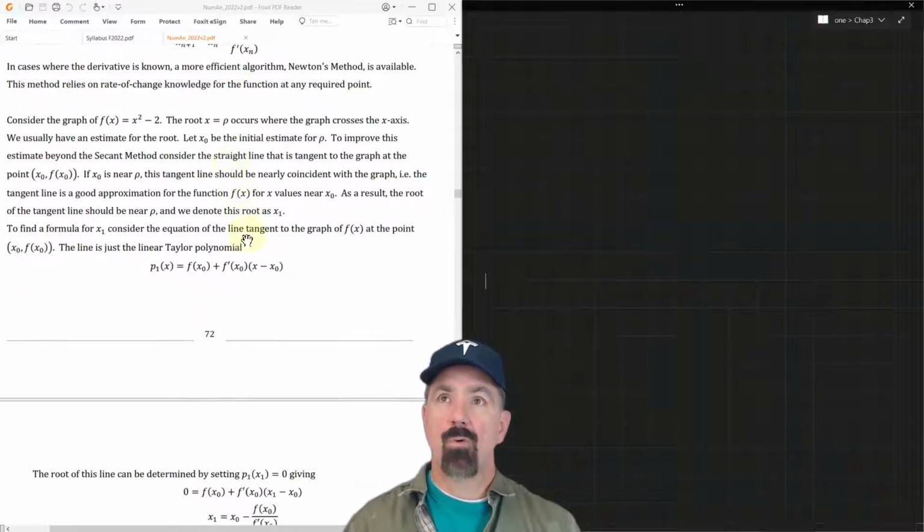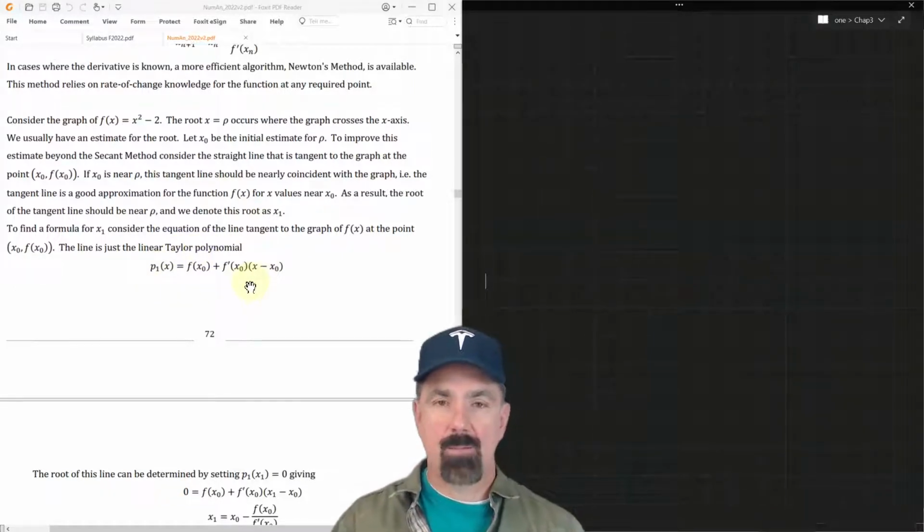So the derivation for Newton's method is provided here. It really comes from a Taylor polynomial, but I want to write this up in a little bit more complete manner and discuss it, because this is the heart of how Taylor polynomials apply to root finding.